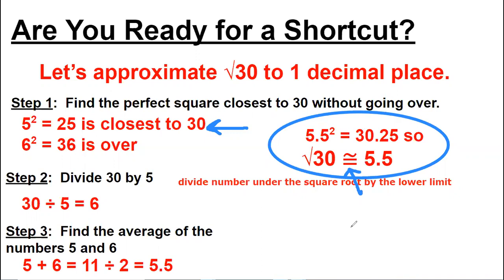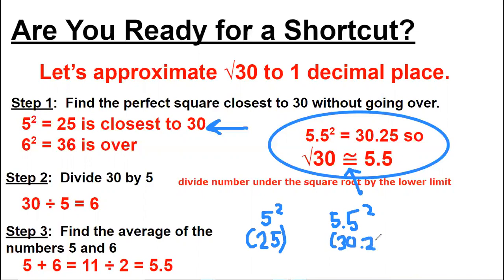Now, like I said, if we wanted a closer approximation, like to 2 decimal places, we would then need to continue the method we've already learned, and we would have 5.5 here, right? And we would have our 5 here. 5 squared was 25, and 5.5 squared was 30.25.